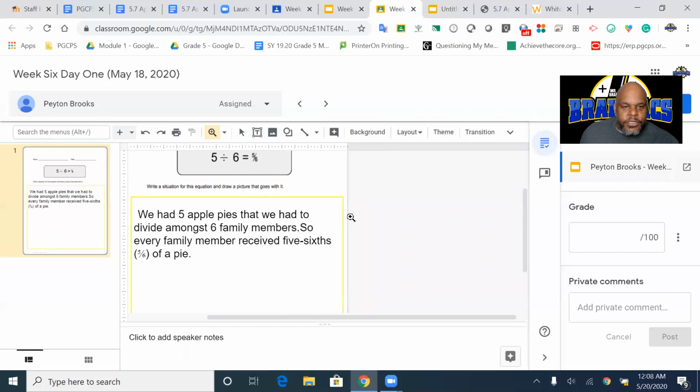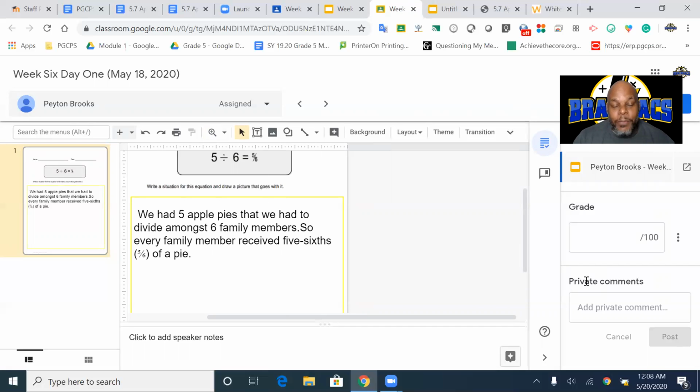Here's her situation. We have 5 apple pies that we have to divide amongst 6 family members. So every family member received 5/6 of a pie. Man, that is great.